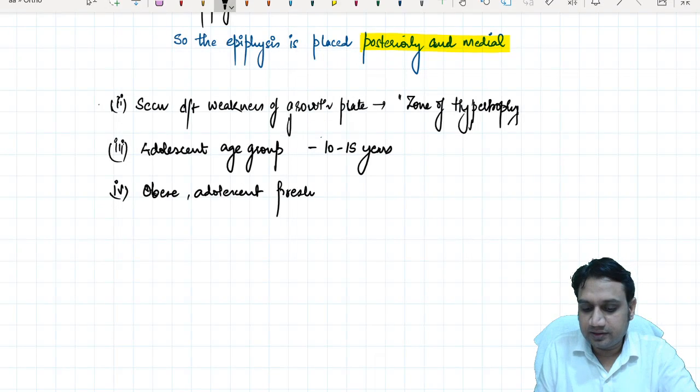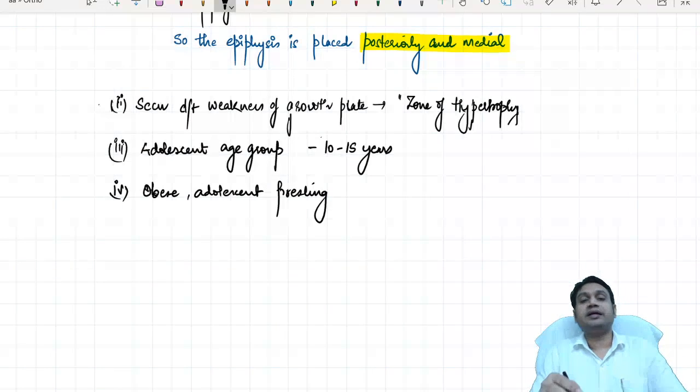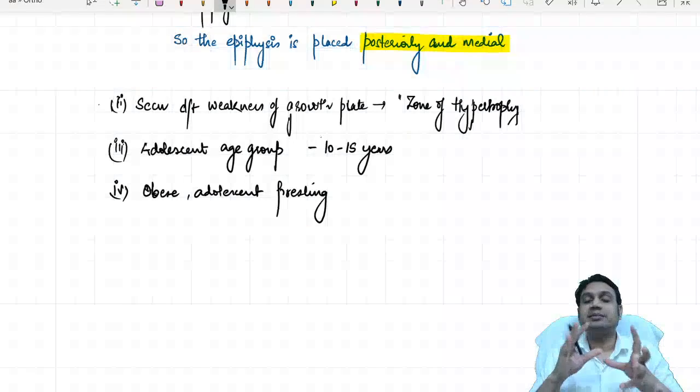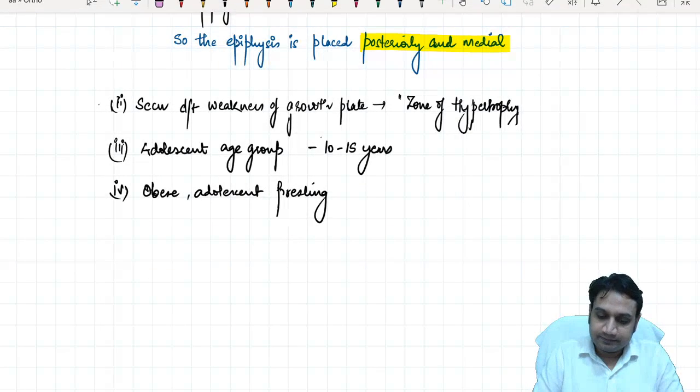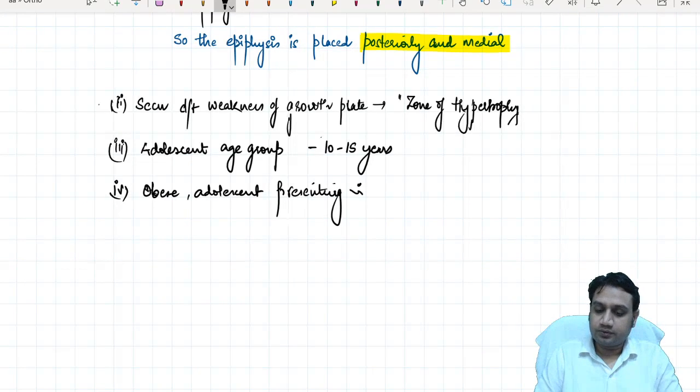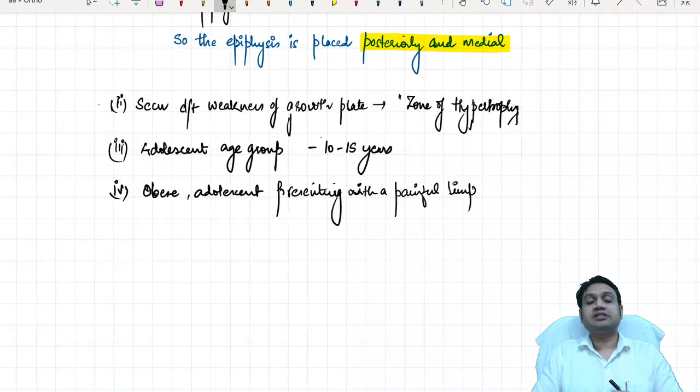because the anatomical position of the joint is not proper, the epiphysis and metaphysis are not together. So an obese adolescent presenting with a painful limb, right?